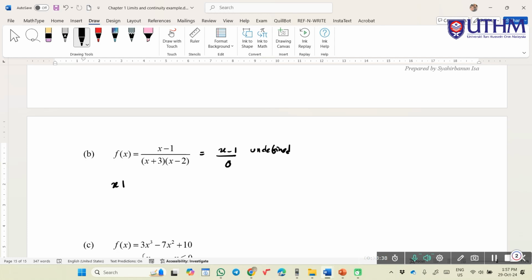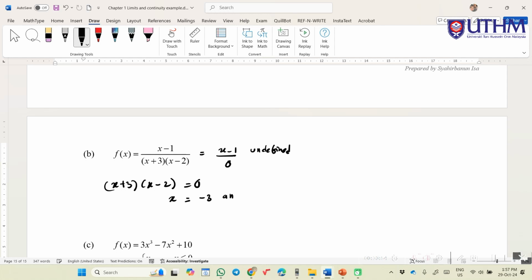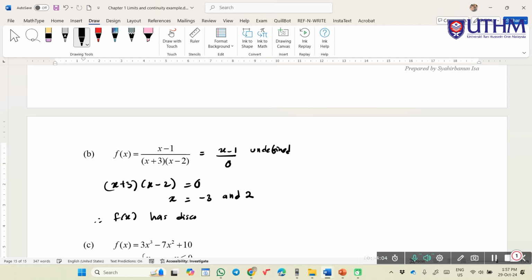So when (x plus 3)(x minus 2) equals 0. This is directly solvable, we don't have to use the calculator. So the values of x are negative 3 and 2. Therefore f(x) has discontinuity at x equals negative 3 and x equals 2.